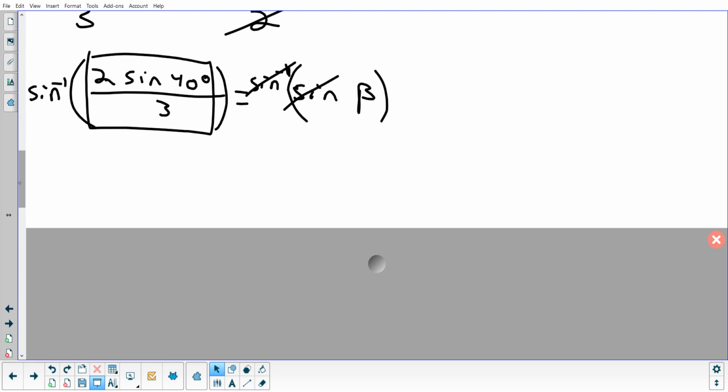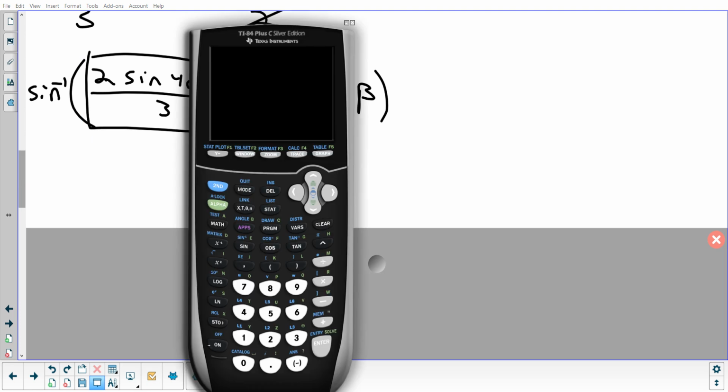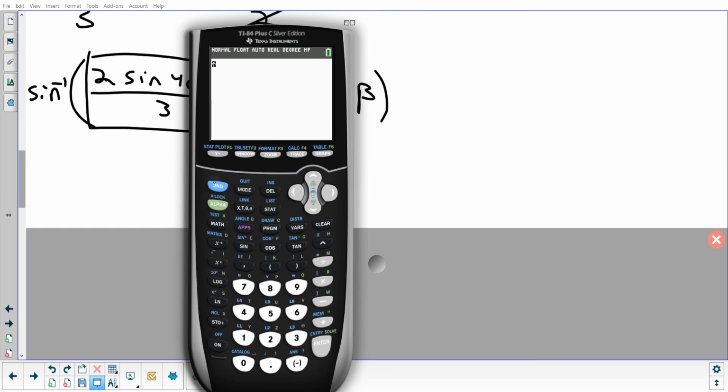And now we're going to type that in. Well, let's see what happens. Inverse sine of 2 sine 40 divided by 3. Well, this isn't a no solution problem. If it was a no solution, then something like this would have just happened. It would have said error. That didn't happen.